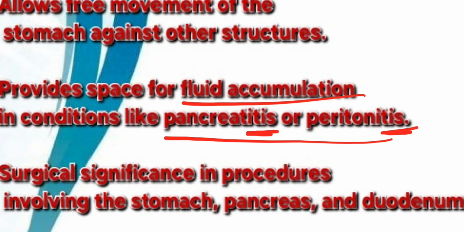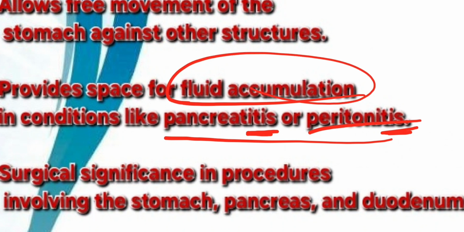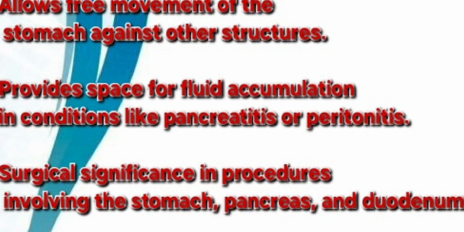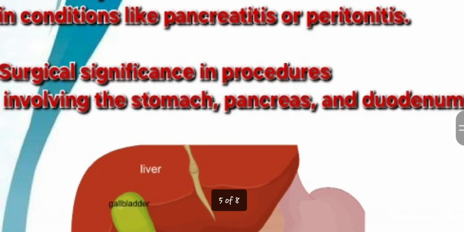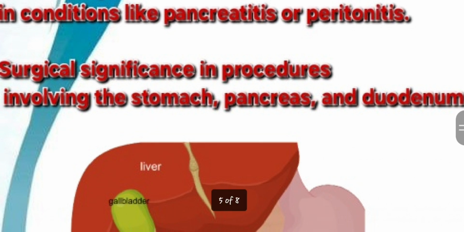Inflammation in the peritoneal cavity is referred to as peritonitis. During this infection, fluid may accumulate in the lesser sac. As for surgical significance, in surgical procedures related to the stomach, pancreas and duodenum, this space is important because it is surrounded by these organs.